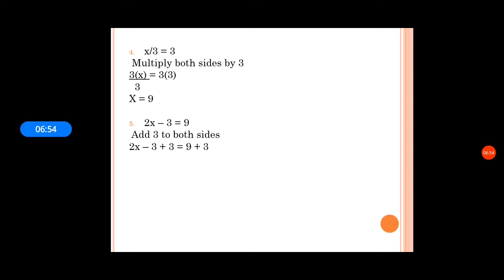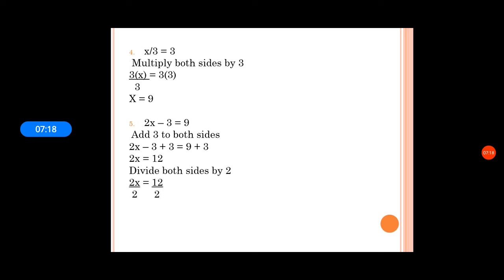So this minus 3 plus 3 will give us 0. So we have 2x equals 12. Now you can see that we have reduced it to only 2x equals 12. Now you see that this is multiplication, so we divide both sides by 2. Then we have 2x over 2 equals 12 over 2.